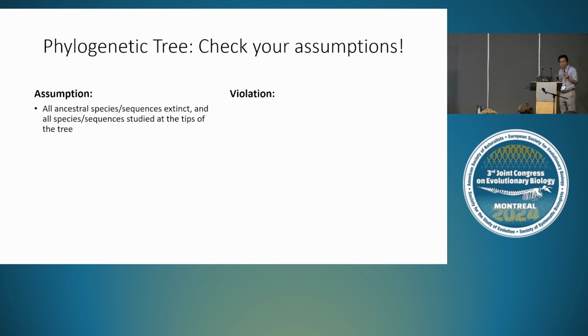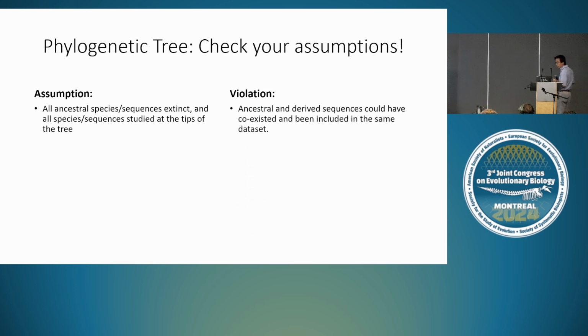The first one, of course, is that all ancestral species or sequences have gone extinct, so all the species you are studying now should be put at the tip of the tree. This is only possible if all the ancestral species or sequences have gone extinct, or are not included in your study set, in your data set at least.